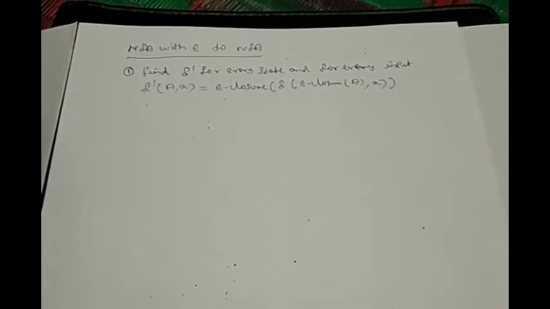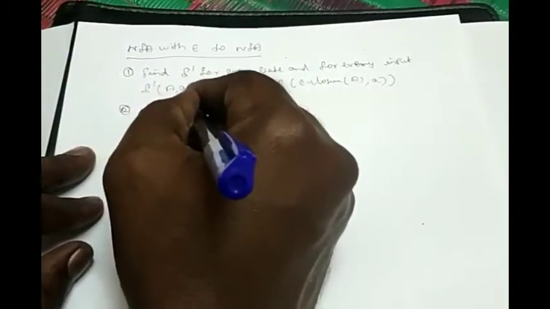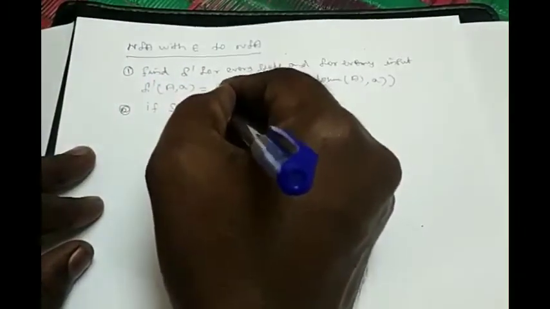And the next step, after computing everything, step number 2, is that you are supposed to identify whether it's a final state. So when is a state called a final state?